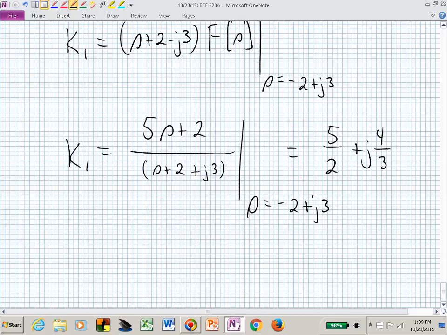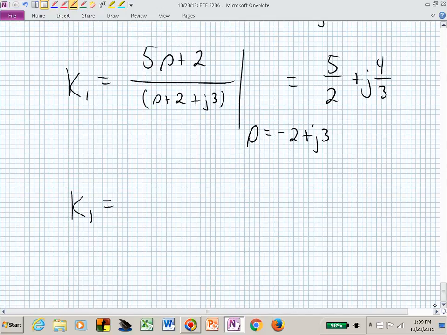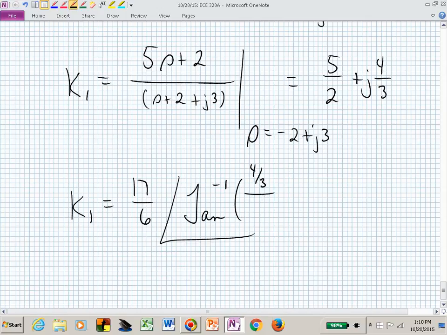And to use the formulas, we need to write that rectangular form of the complex number in polar form, which means that we need to take the square of 2.5 and the square of 4/3, add them together and take the square root, and we end up with 17 over 6. And the angle on that K1 is the inverse tangent of the imaginary component over the real component of that complex number.